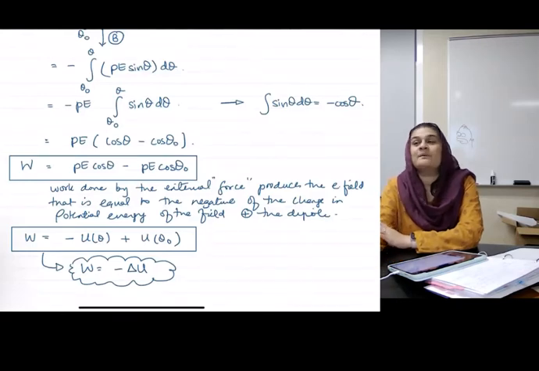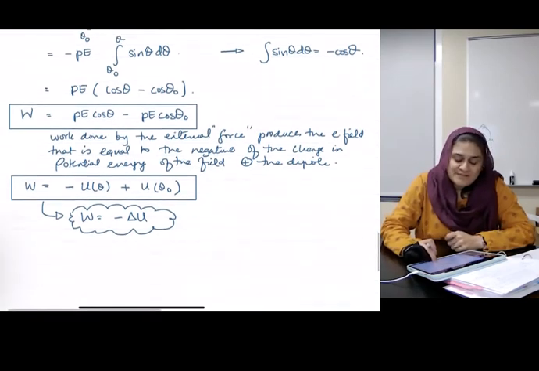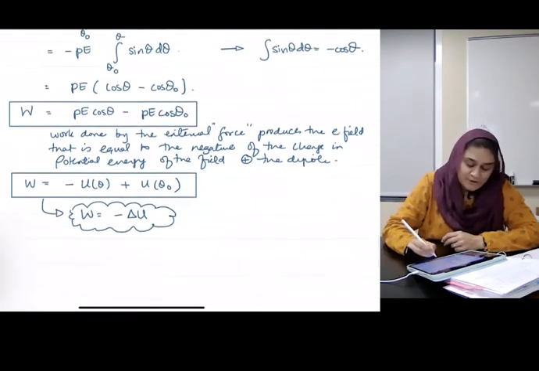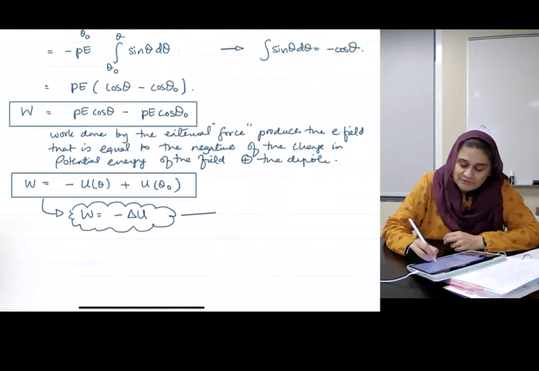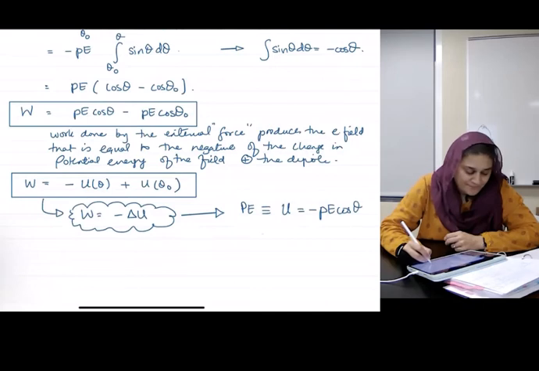Right? Work equals negative potential. So this gives us another definition of U. So potential energy is defined as U equals minus PE cosine theta, or in other words, minus P dot E.